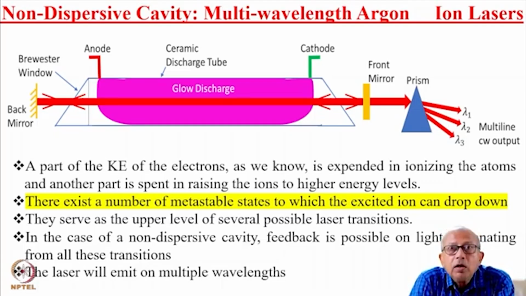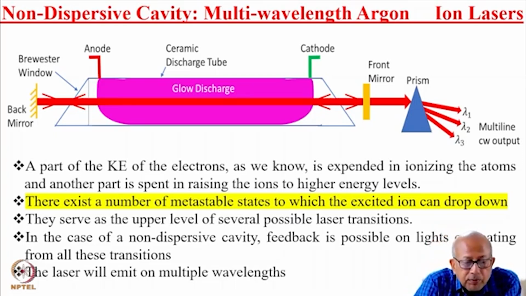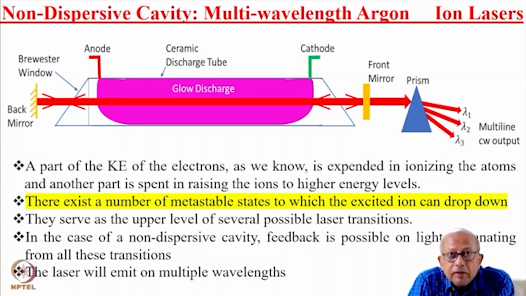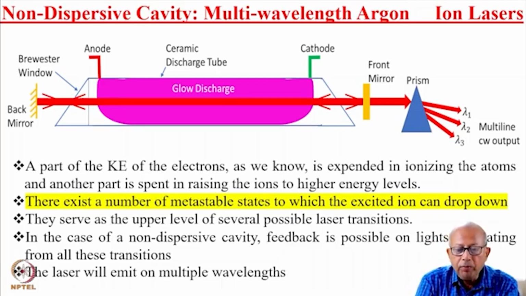And we also have studied the emission characteristic of an argon ion laser by operating the laser both in non-dispersive and dispersive cavity mode. Let us refresh our memory on the operation of the argon ion laser in both dispersive and non-dispersive cavity configurations.